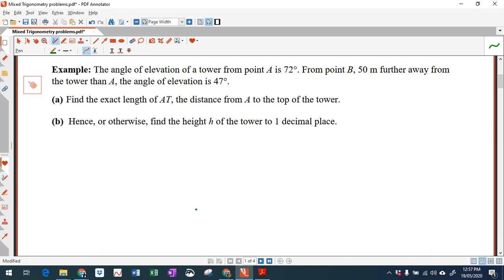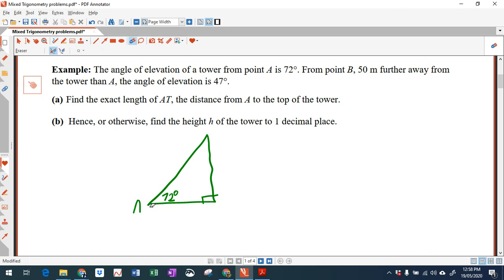So we're going to start off with a diagram. Oops, bit of a kink there. Okay, so it says angle of elevation of a tower from a point A is 72 degrees. Angle of elevation is looking up. And from point B, 50 metres further away.